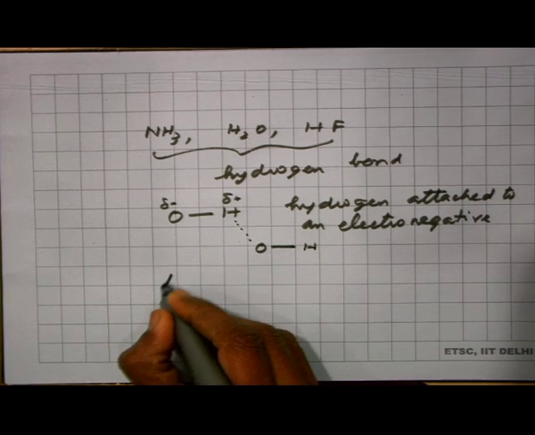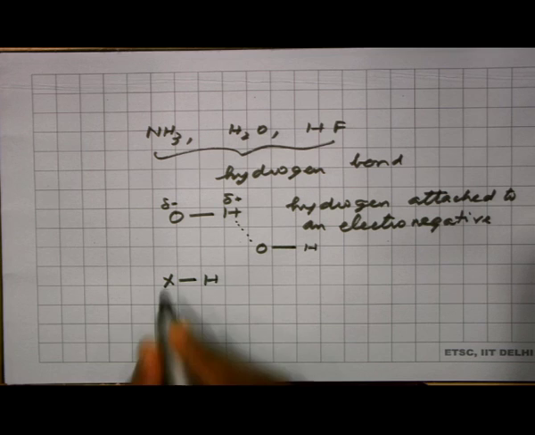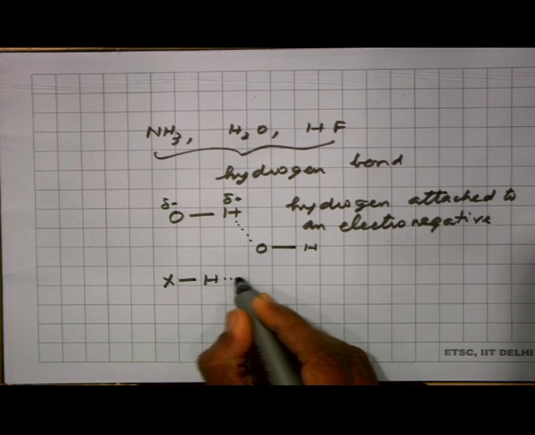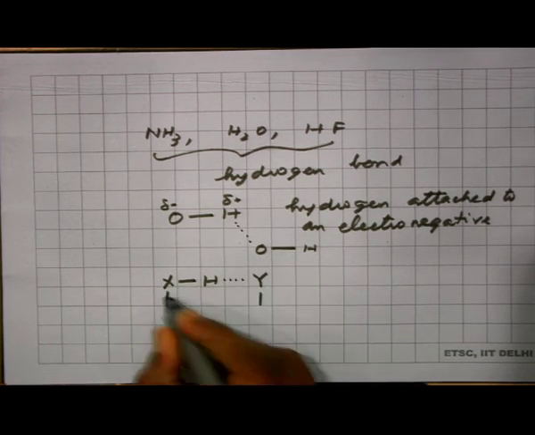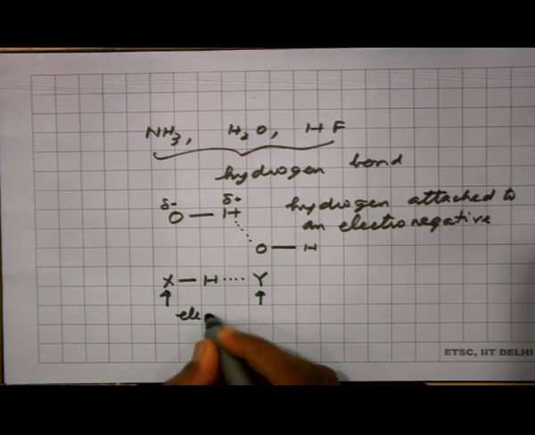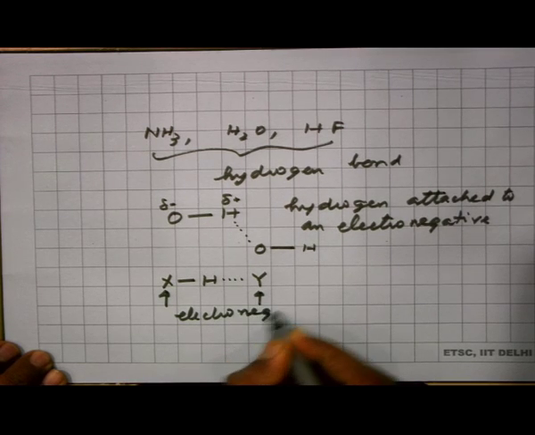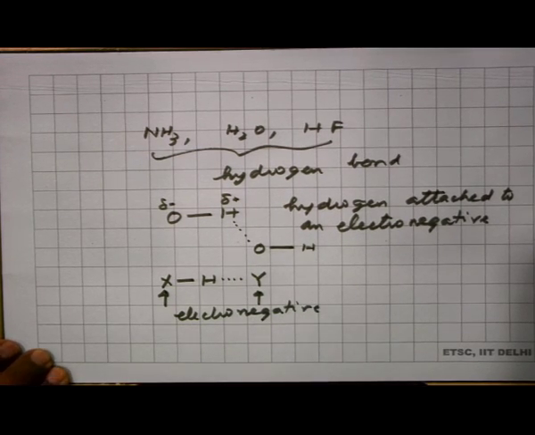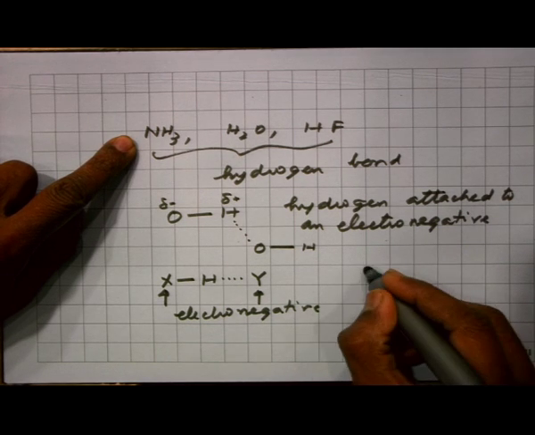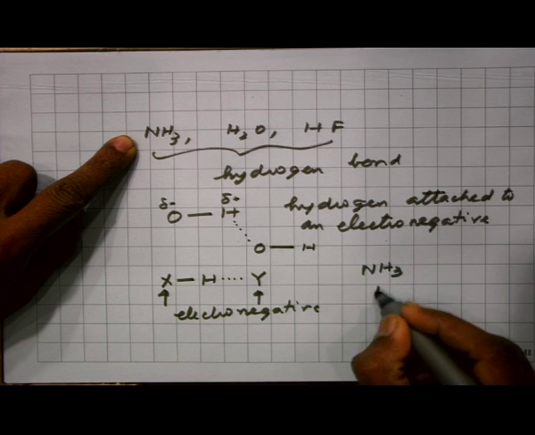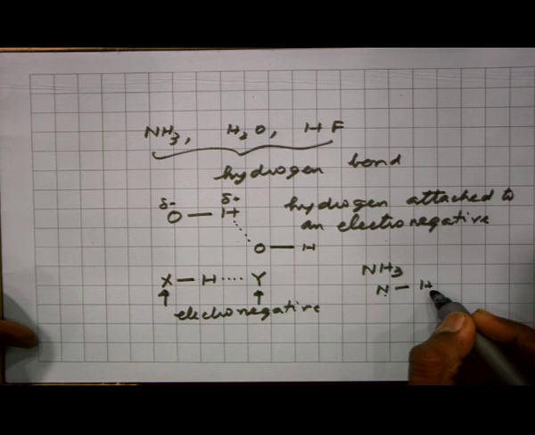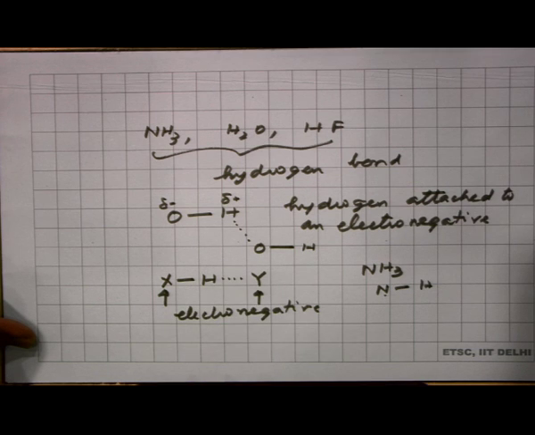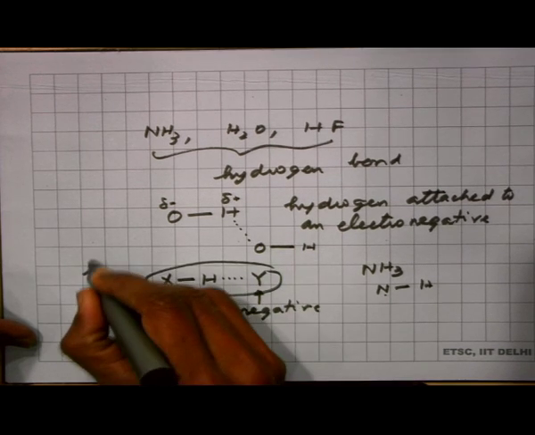So, if I have X-H where X is electronegative, then you could in principle have a bond between Y, where X and Y are electronegative. So, that is the case with ammonia, where the N-H bond, because of the electronegativity difference between nitrogen and hydrogen, is high enough that you have this situation, and this is an example of a hydrogen bond.